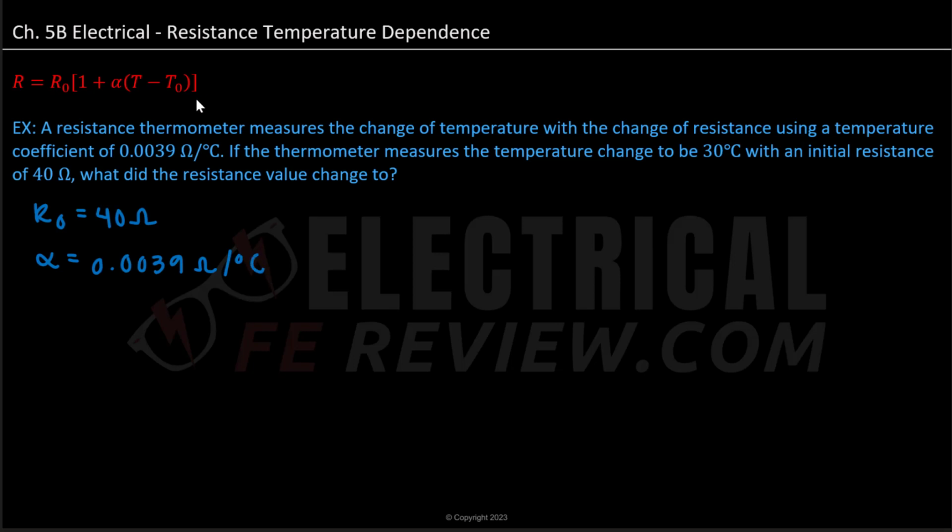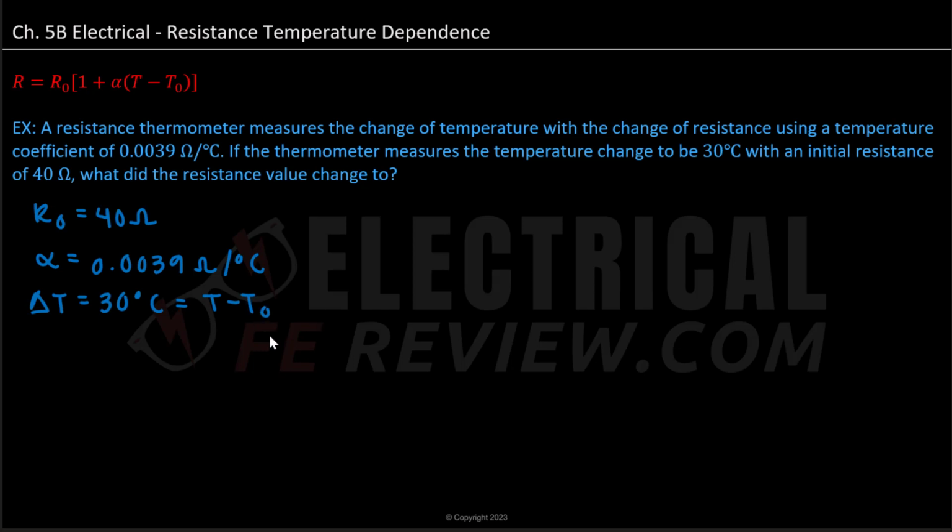Our initial temperature isn't explicitly given, but we are given our temperature change to be 30 degrees Celsius. So we can write change of temperature is equal to 30 degrees Celsius. And this is the same as writing T minus T naught.